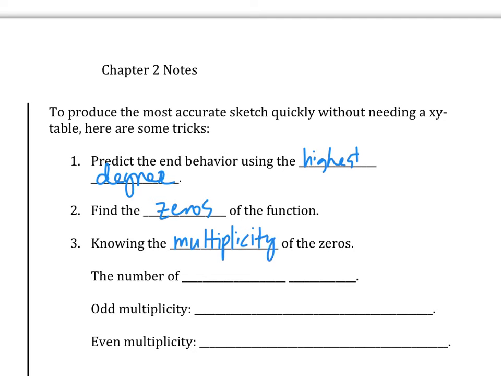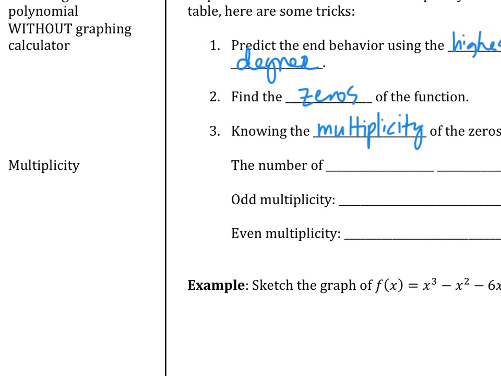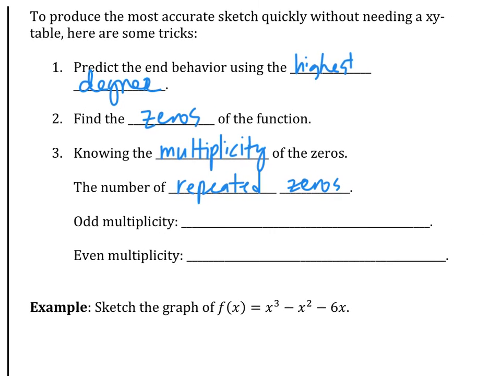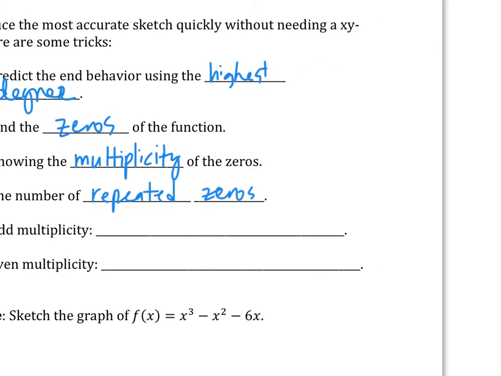So I'm not sure if you remember from last year, multiplicity. Multiplicity is the number of repeated zeros. All right. So how is that going to help us? So like, for example, if you had a function that is (x minus 2) squared times (x plus 3), and then if we want to figure out where the zeros are, we make it equal to 0, right?